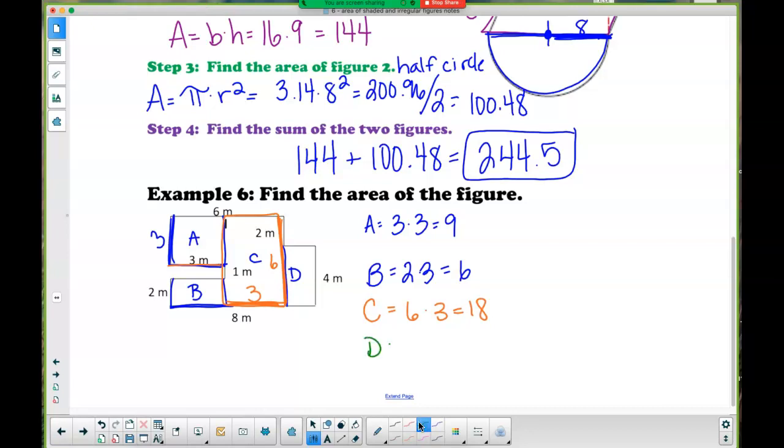Letter D is this rectangle here, which is 4 by 2. This whole thing is 8. This up here is 6, so it has to be 2. So 4 times 2 is 8. And we add that all together. So 9 plus 6 plus 18 plus 8 is 41.